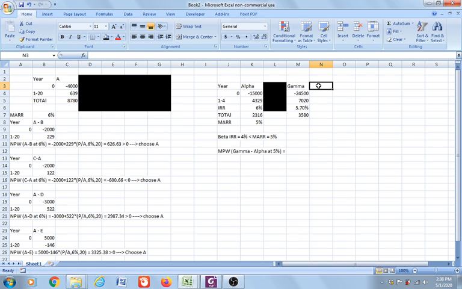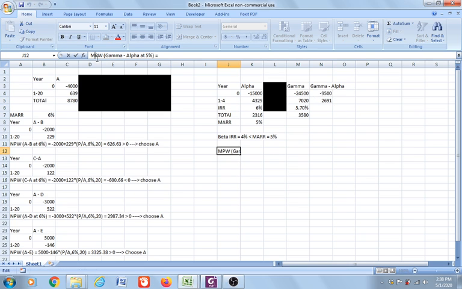Gamma minus alpha is the difference between gamma and alpha.